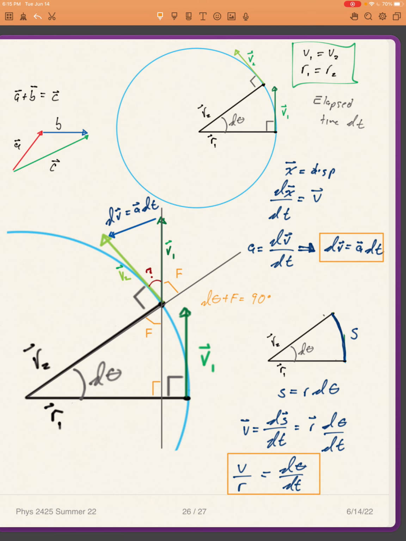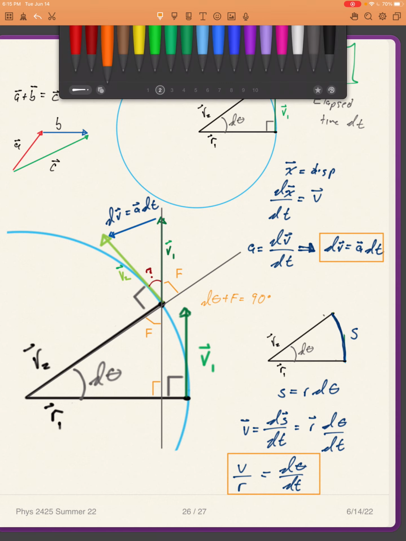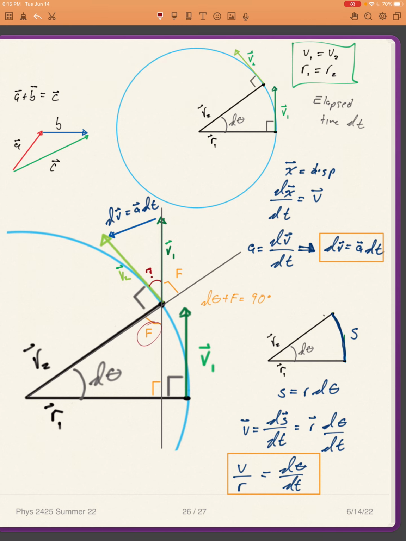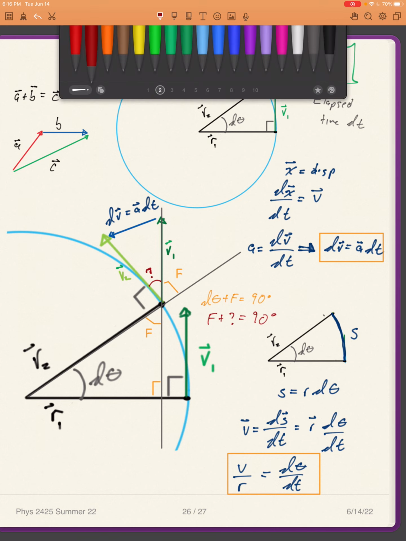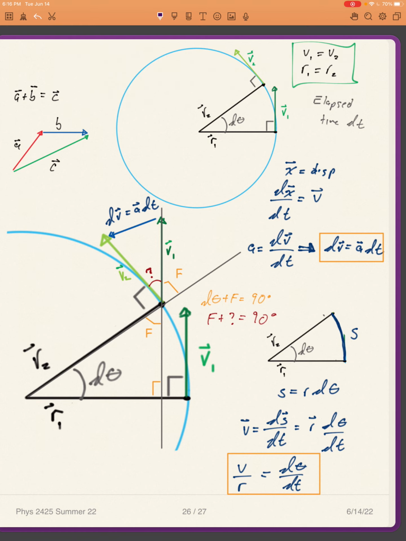So if I have that this theta plus f has to be equal to 90 degrees from looking at the inside angles of this triangle, and I also have that f plus question mark has to be equal to 90 degrees because these two angles add up to 90 degrees, then it becomes clear that this unknown angle has to be d theta, because f is equal to f and 90 is equal to 90.